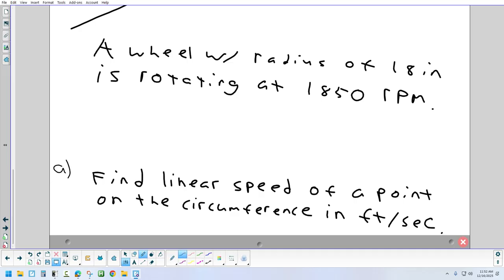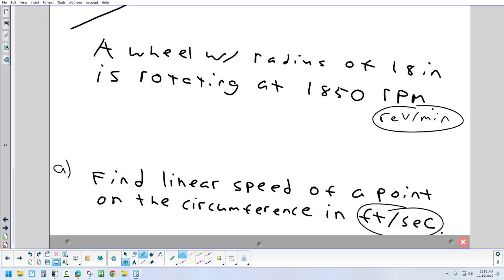What kind of speed is revolutions per minute? That's what RPM stands for. What kind of speed is revolutions per minute? Caleb? That's angular. What kind of speed is feet per second? So we're making a jump here from angular to linear.